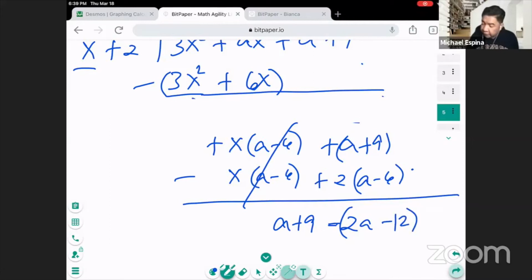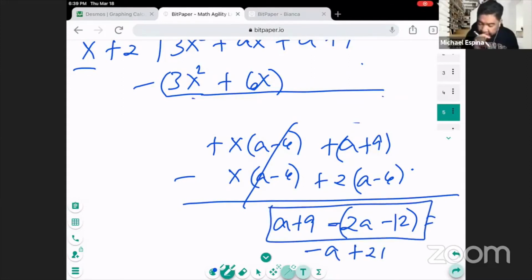So the total would be negative a plus 21, right? So I'm just combining these two here.